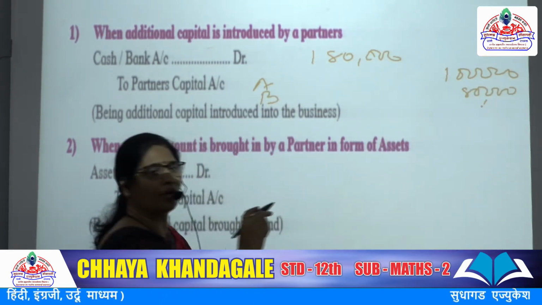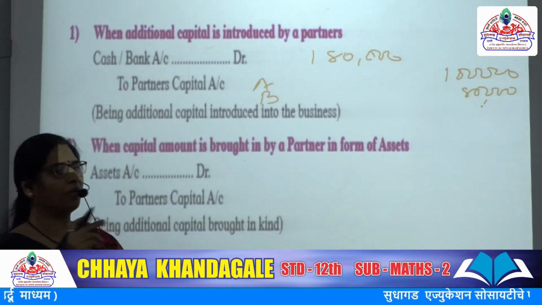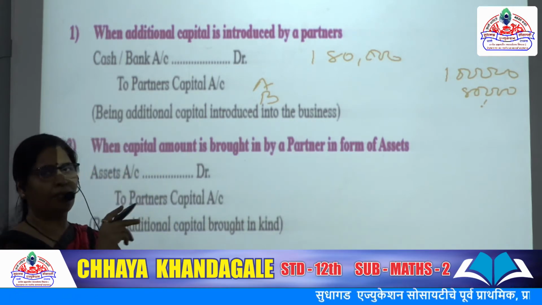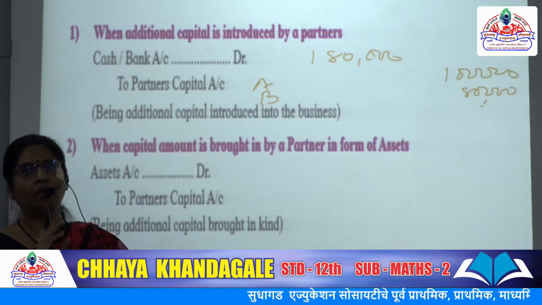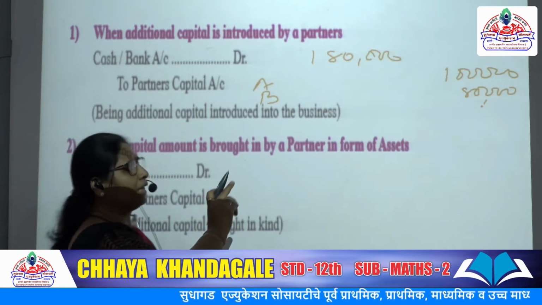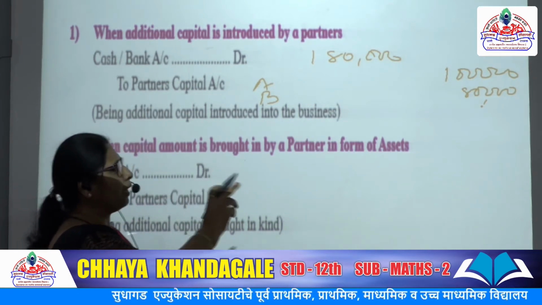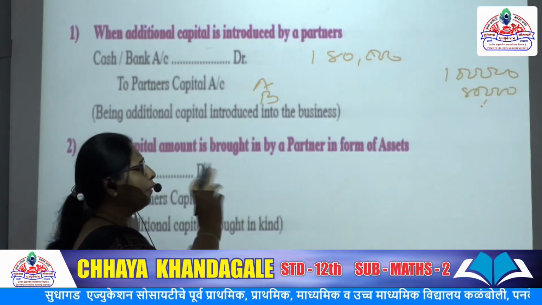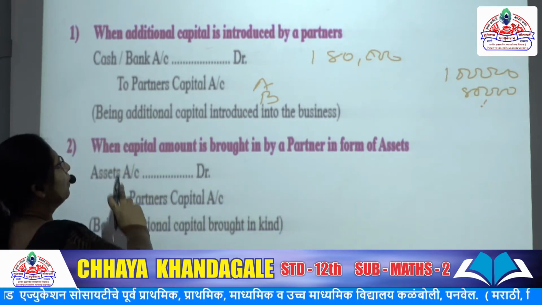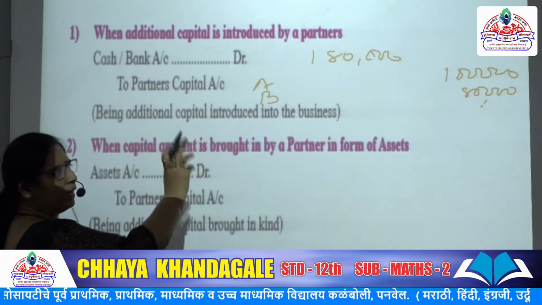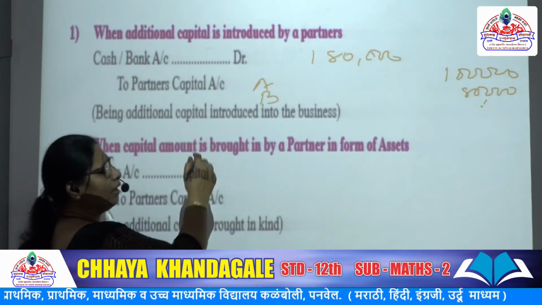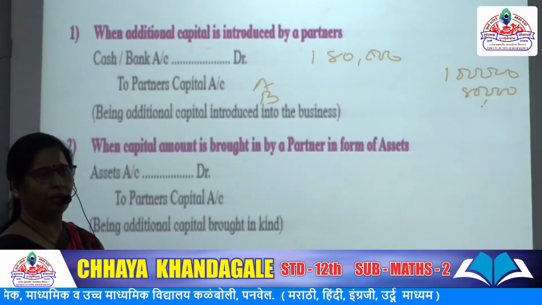So have you understood? Cash account debit, the total of A and B, what they are investing in the partnership. So 1,80,000, A's capital account 1 lakh, B's capital account 80,000. Being additional capital introduced, or in the beginning also we will make the same entry.